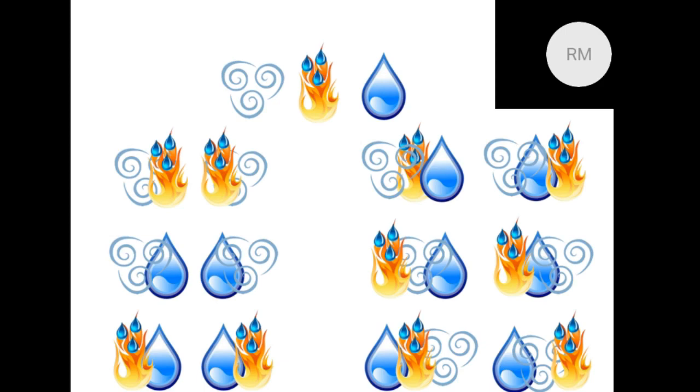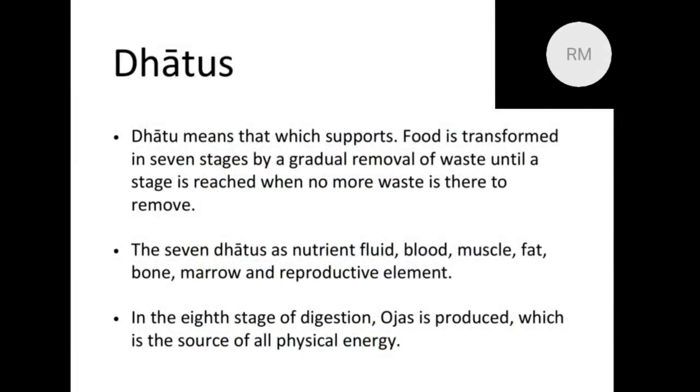So is everything clear now, and can we now then move on to the dhatus? Okay, so now we start with the next topic, dhatus. Thank you. So now we are going to dhatus.